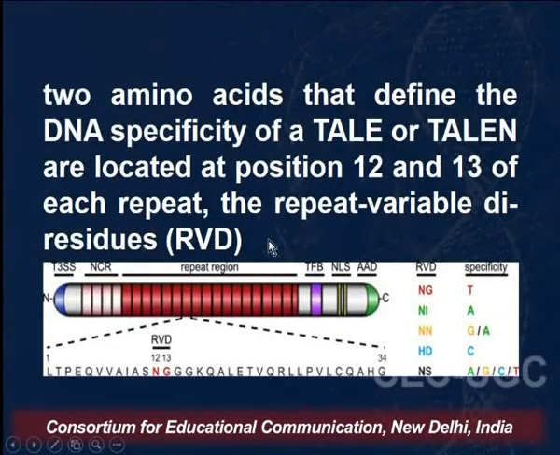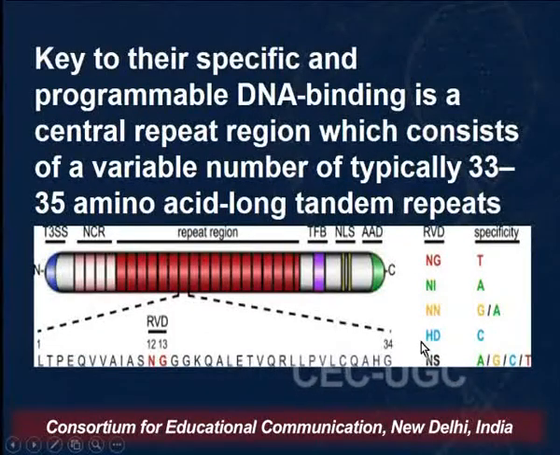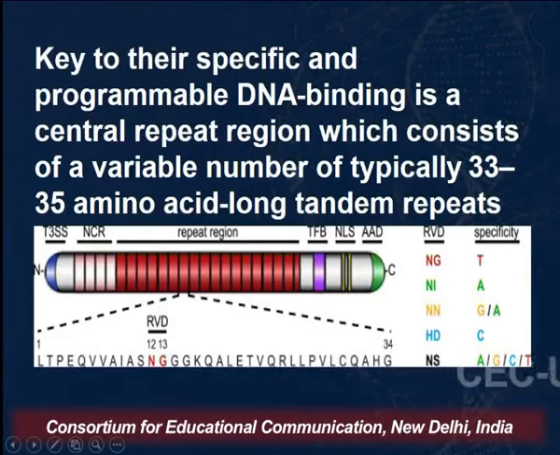Now these repeat variable diresidues give rise to the engineering of a variety of TALEs that can be made. Here certain RVDs are given, with certain sequence specificities to which these RVDs can bind. These repeat variable residues are the ones which initially interact with the DNA sequences, because this is a DNA binding domain.